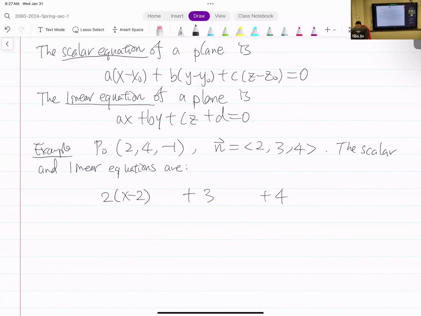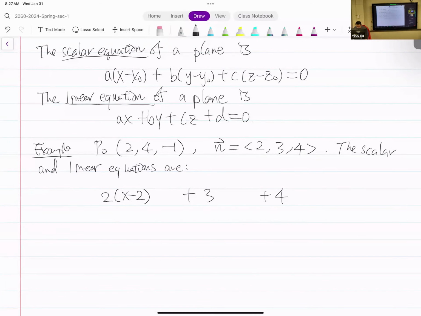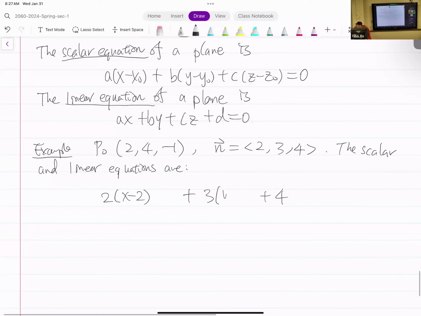And then for the differences of coordinates, that's just going to be x minus x0, which is x minus 2. y minus y0, where y0 is 4. z minus z0, where z0 is -1, so you minus -1, it's actually plus 1. Sounds good.